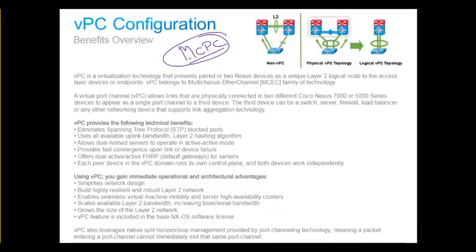A port channel is only between two devices, but the other vendors also have something similar to vPC with their own name. One of the industry standard names for this is MCPC, multi-chassis port channel. Cisco gives the name multi-chassis EtherChannel. Instead of port channel, Cisco calls it EtherChannel. Both are the same. Okay.